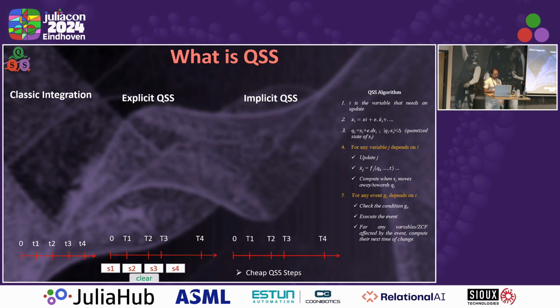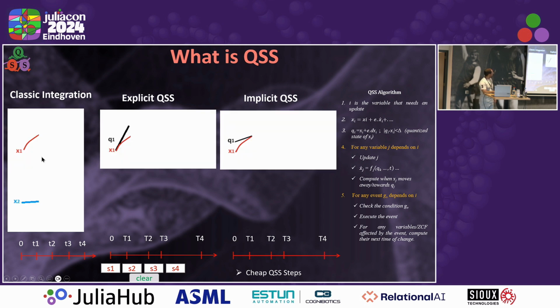To explain it a little bit more, I have this example. Let's say we have a system of two differential equations. In step one, for the classic methods, both variables x1 and x2 will get updated. For the QSS, let's say only variable 1 needs an update because variable 2 is slow and we don't need to update it.